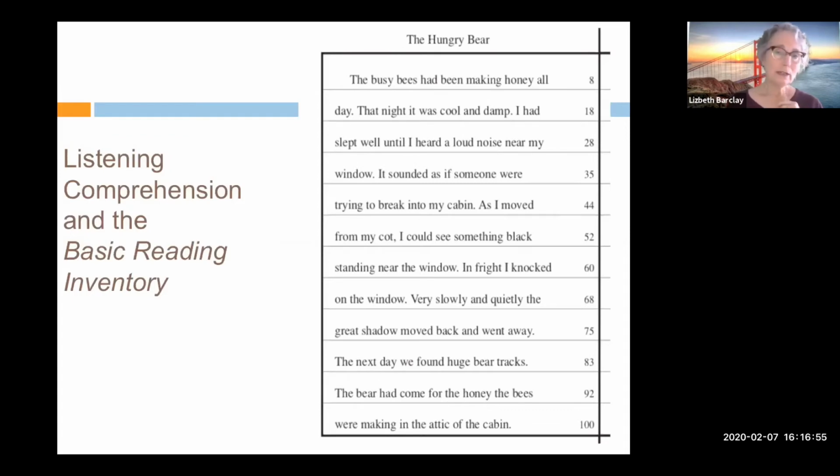It might be another reading inventory, but this is an example of the BRI, which is an informal reading inventory, and it's standardized in terms of grade levels and procedures, but it can be adapted for students who require Braille or large print, and then we use this and interpret it very carefully to assess literacy skills, but we can also use this very same tool to assess listening comprehension.